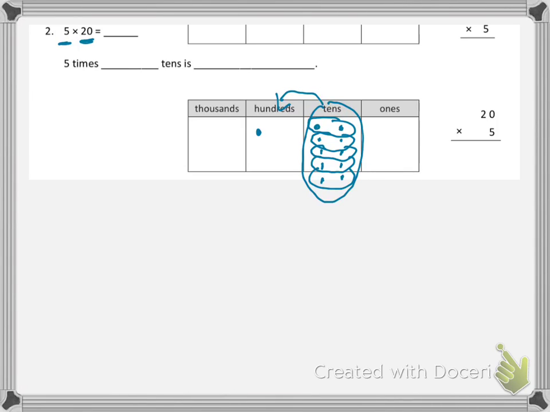So we have 5 times 2 tens is 10 tens, and really what 10 tens is, is 100. So 20 times 5 is 100.